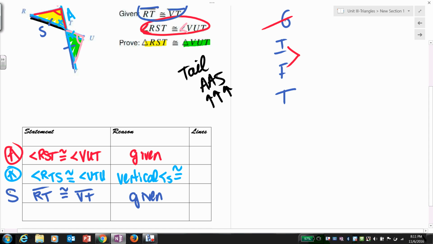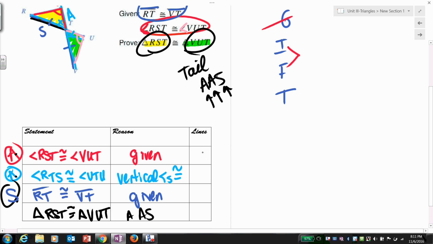You can see in the margin we have angle, angle, side, so now we can say triangle RST is congruent to triangle VUT, and we can see it's angle, angle, side. It's going to say which line, so line number 1 gave us the angle, line 2 gave us the other angle, and line 3 gave us a side.